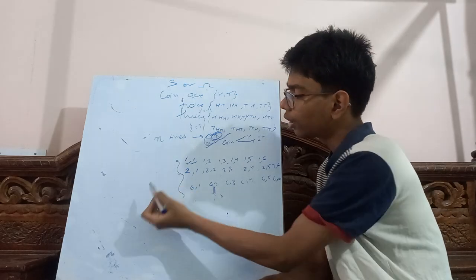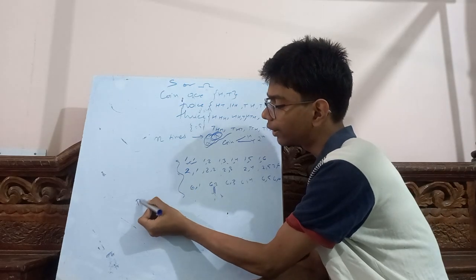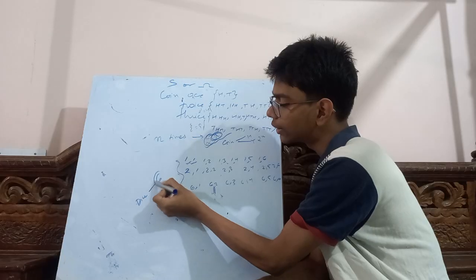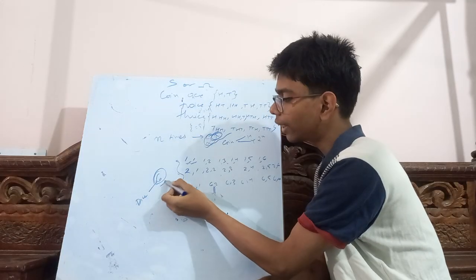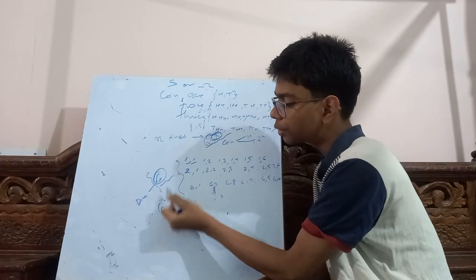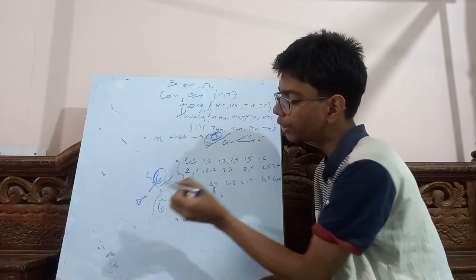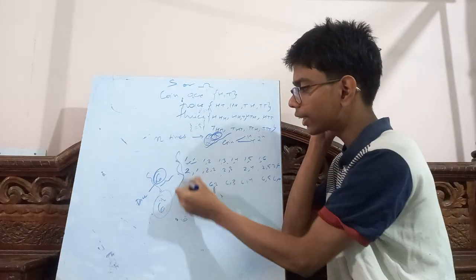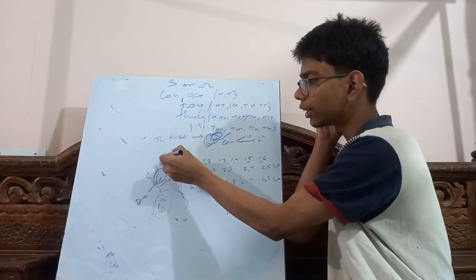So overall, a dice can give 6 numbers, and I am throwing it n times. So the sample space for throwing it n times will be 6 to the power n, and in this case it is 6 to the power 2, 36.